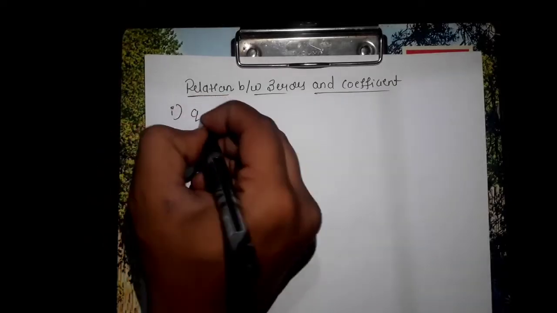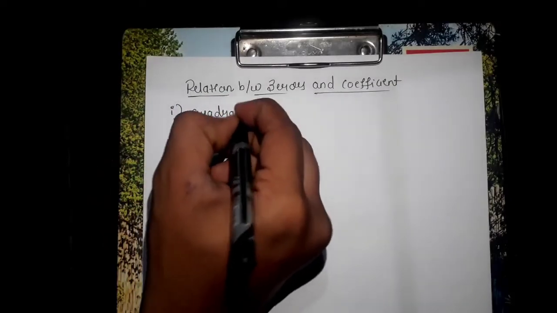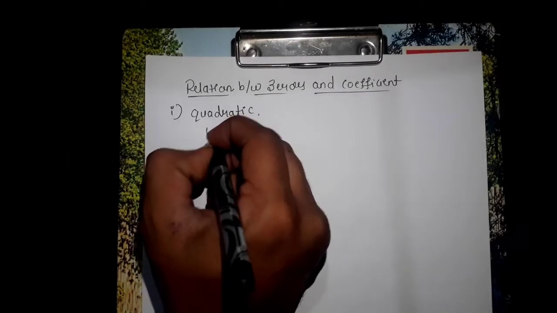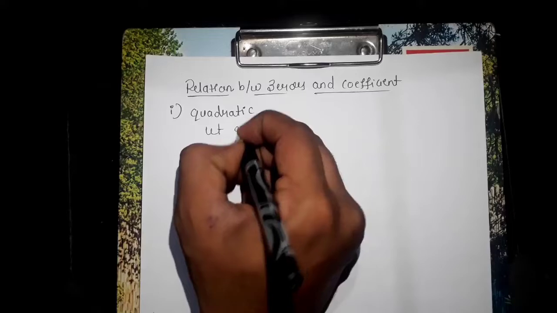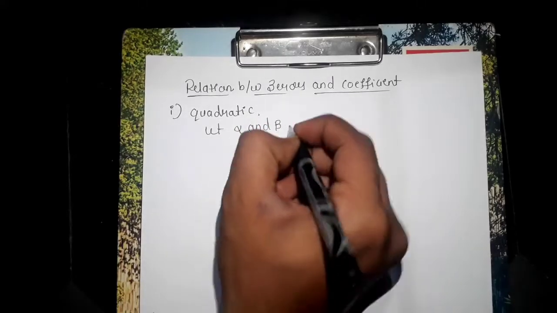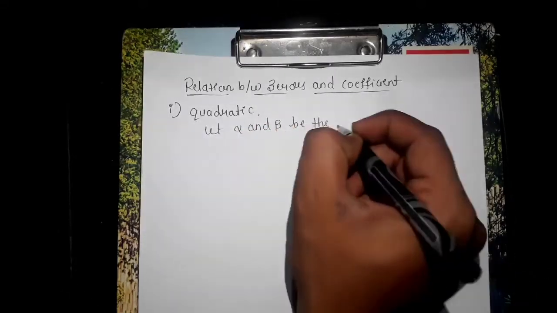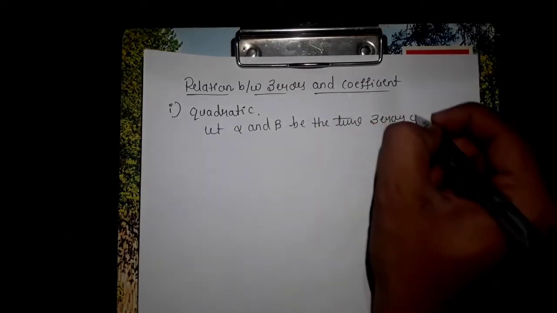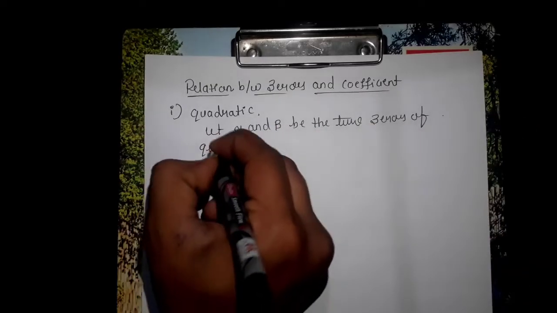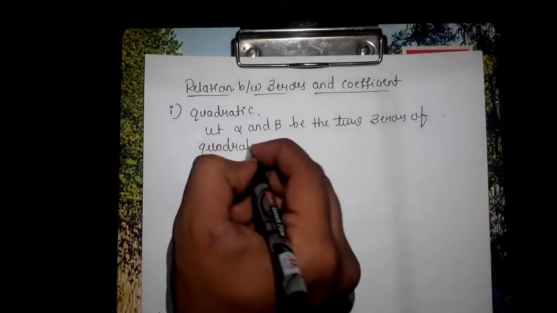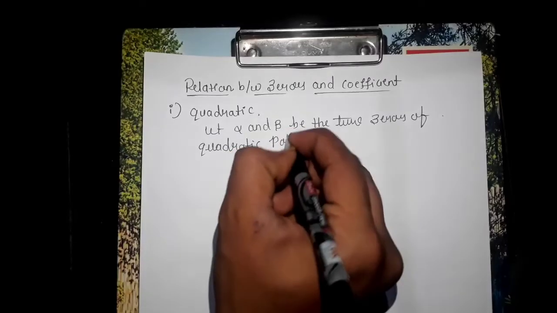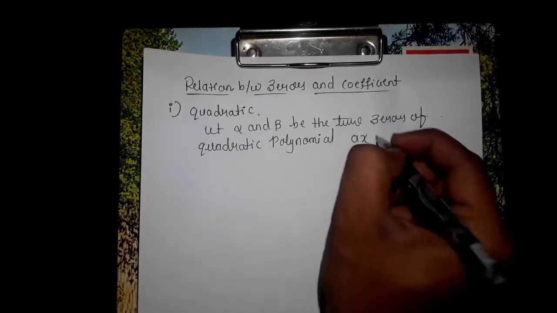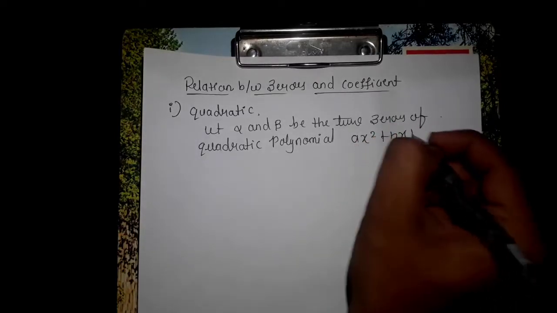First for quadratic. Let alpha and beta be the two zeros of quadratic polynomial ax square plus bx plus c.